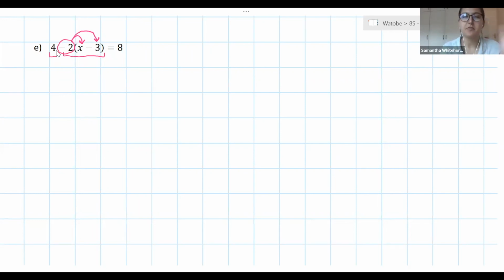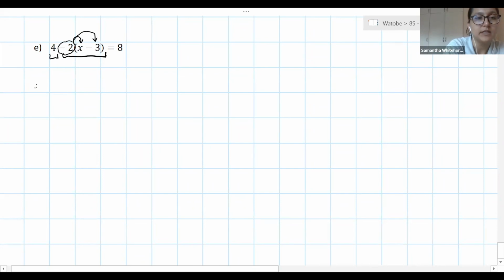Okay, guys, we've got a bit of a mixed bag here, so let's have a look. So I'm just going to take off the scribble just to start off with. Remember, the 4 and the -2 times the bracket are two separate terms. So I need to deal with them separately to start off with. What that means is that the first thing I want to do is take the -2 and distribute it into the bracket.